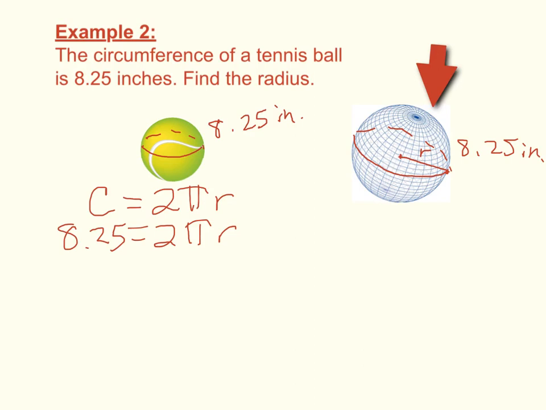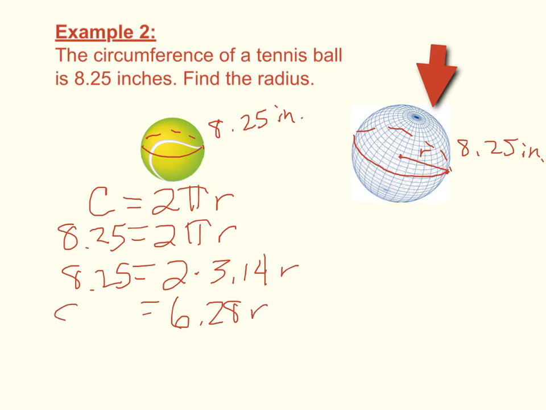Okay, so we're going to have to use a little bit of algebra here. Again, pi is just a symbol that stands for a number. So pi is just 3.14. So maybe we should just replace that. Might be a little bit easier to see. Okay, so 2 times 3.14, that's going to give us 6.28.